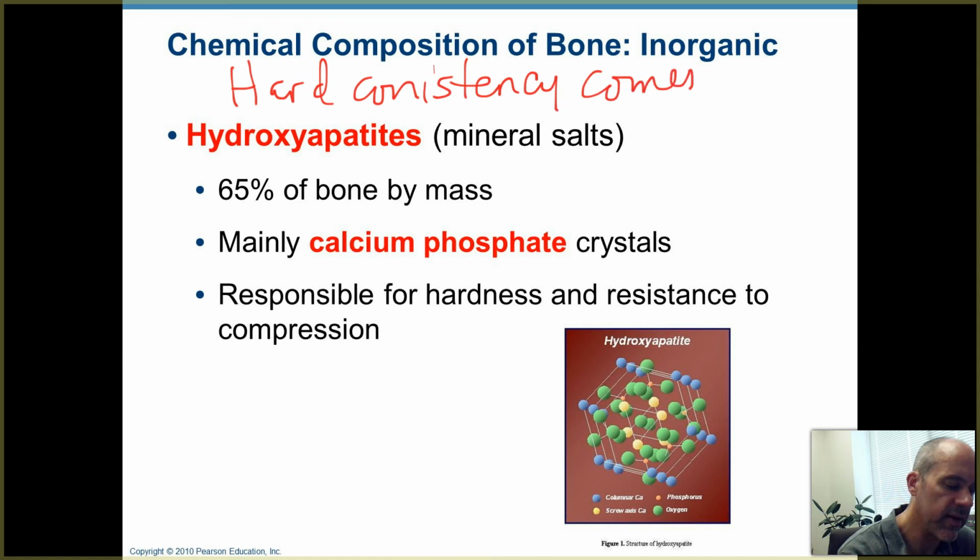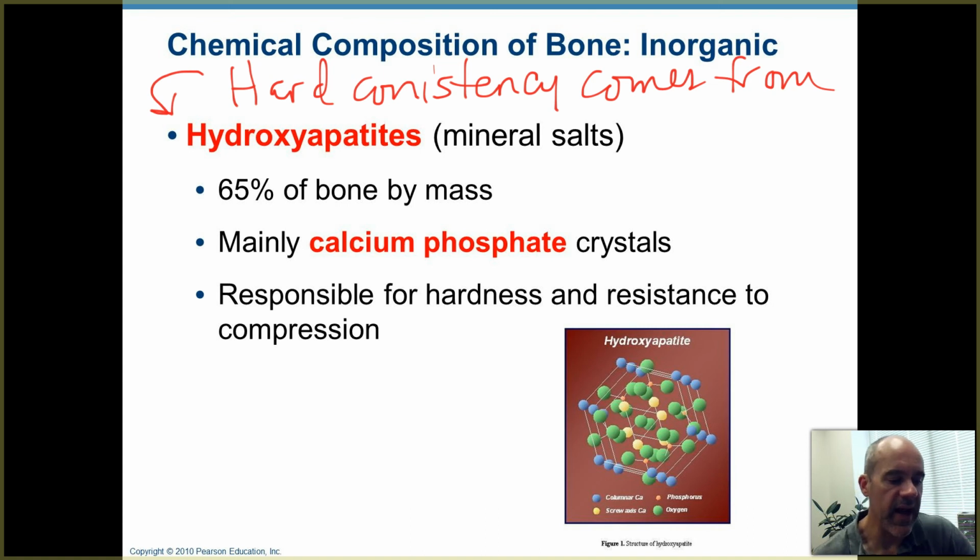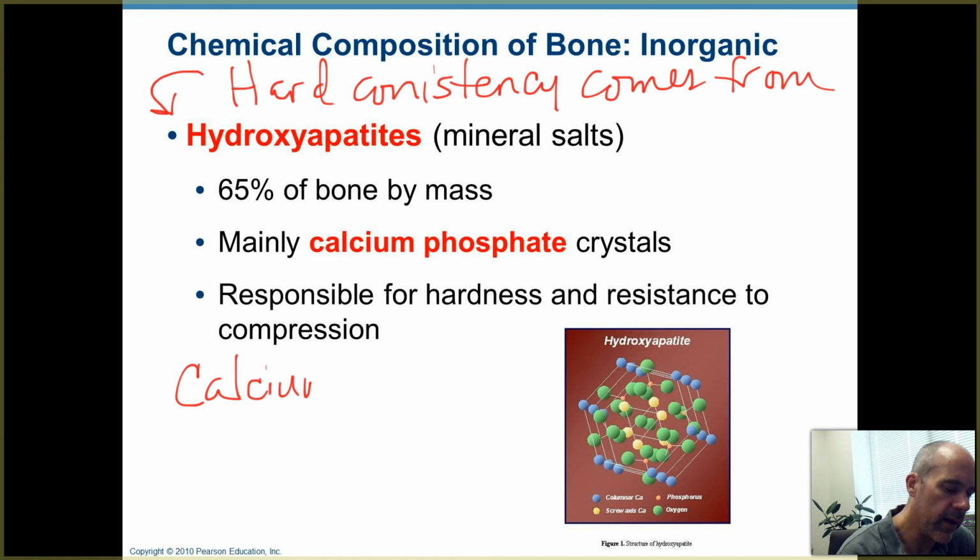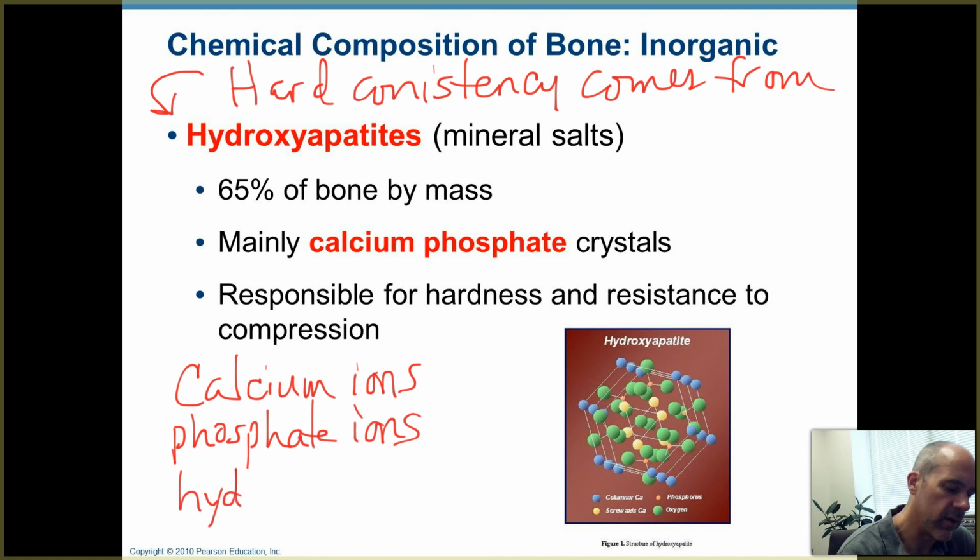So this hard consistency comes from a type of mineral salt known as hydroxyapatite. I know that it's not a diet supplement. I know it kind of sounds like Hydroxycut that they have infomercials about on TV. And this is not that. It's not an appetite suppressant. Hydroxyapatite is a type of mineral salt which is composed mainly of calcium ions, phosphate ions, and hydroxyl ions.